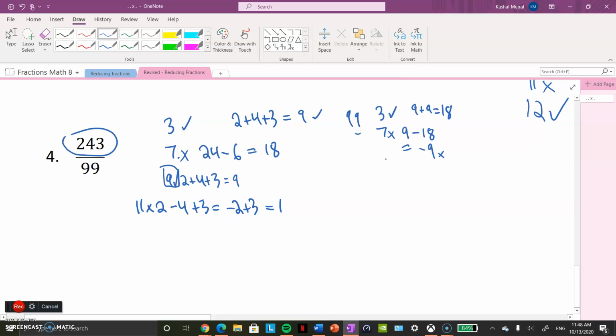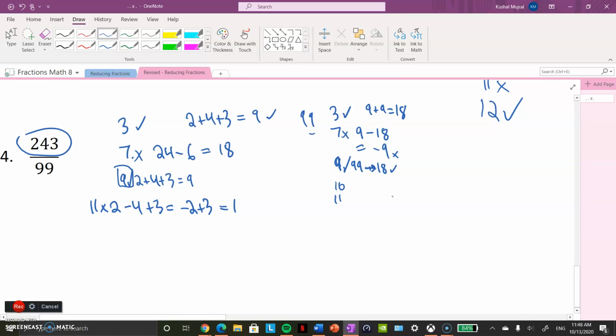Let's look at 9, because 8 is not going to work. And for 9, 99, the digits add up to 18, and 18 is divisible by 9, so 9 works. 10 will not work. 11 will work because okay, you take 9 minus 9 and it's 0.